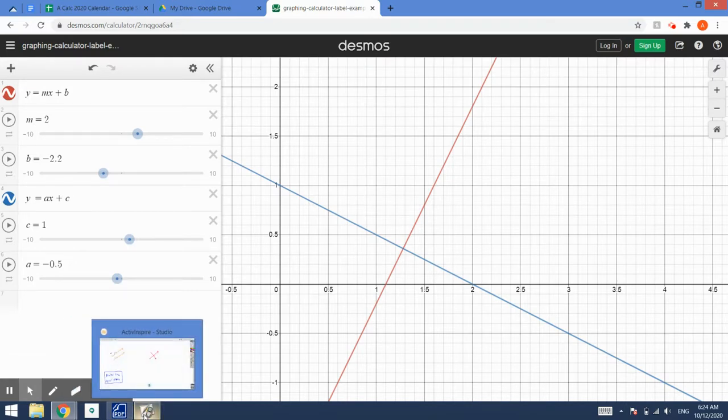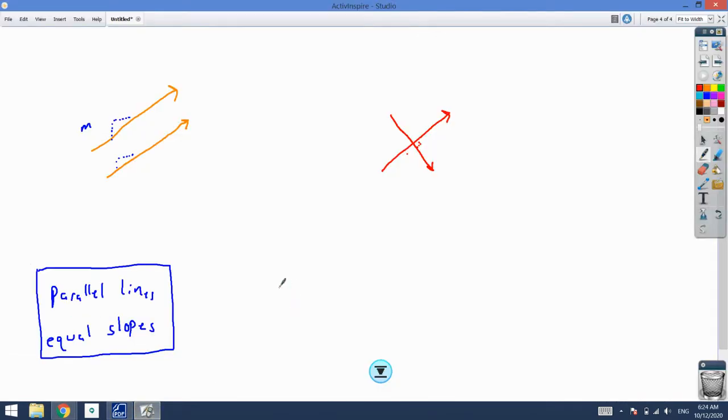So we know that these are going to have what are known as opposite reciprocal slopes. So slopes that are opposite reciprocal, which means that you have something in the form of, let's not use a.